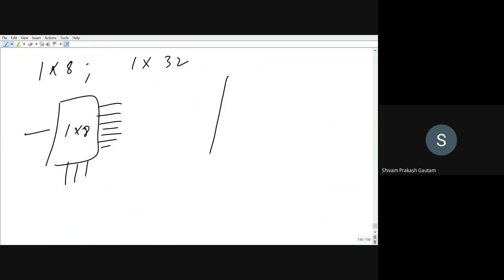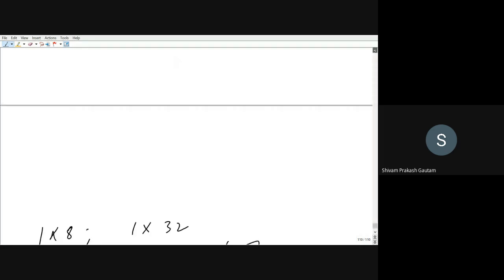For 1 cross 32, 5 select lines will be there, 1 input will be there, and 32 outputs will be there. Is it okay? And if you want to see what is inside, you can always draw the circuit, right?